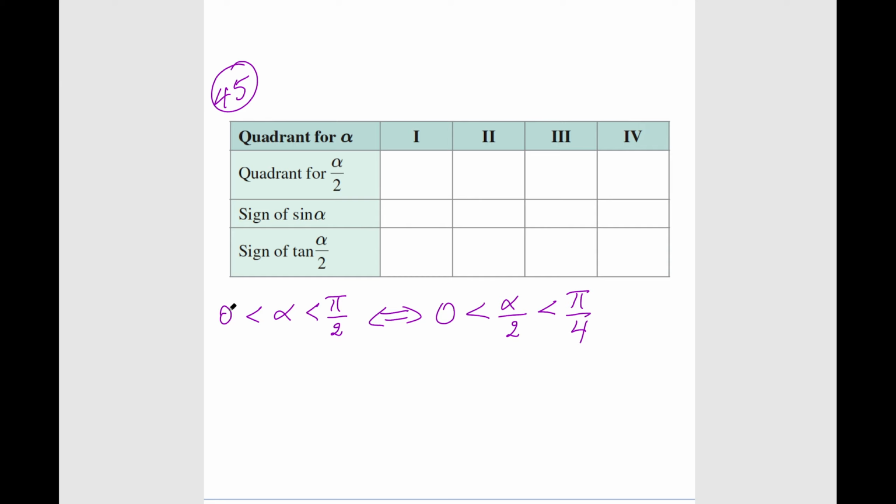So if alpha is in quadrant 1, quadrant 1 means it can be between 0 and pi over 2, or it can be between 2 pi and 2 pi plus pi over 2, right? But the same treatment is going to apply if you add 2 pi, or an integer multiple of 2 pi.